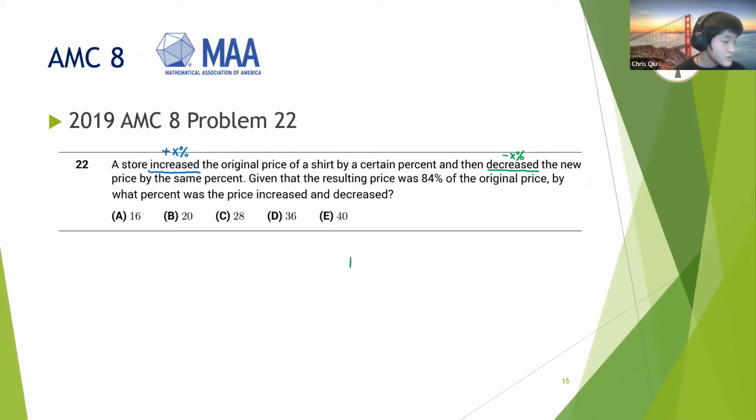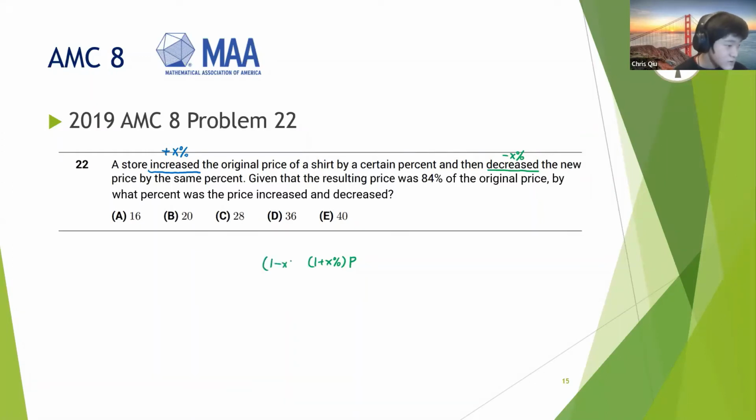So let's say that our original price was P. Then after increasing the price, we multiply our original price by 1 plus X%. And then once we've multiplied by 1 plus X% and gotten our increased price, we're going to decrease it.